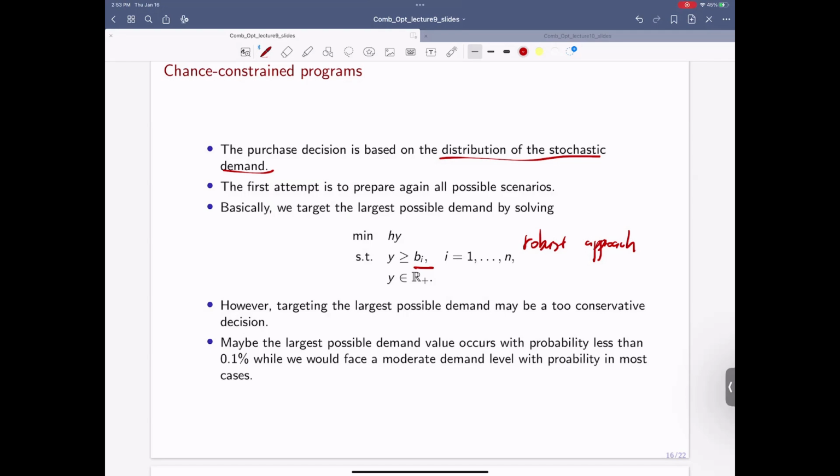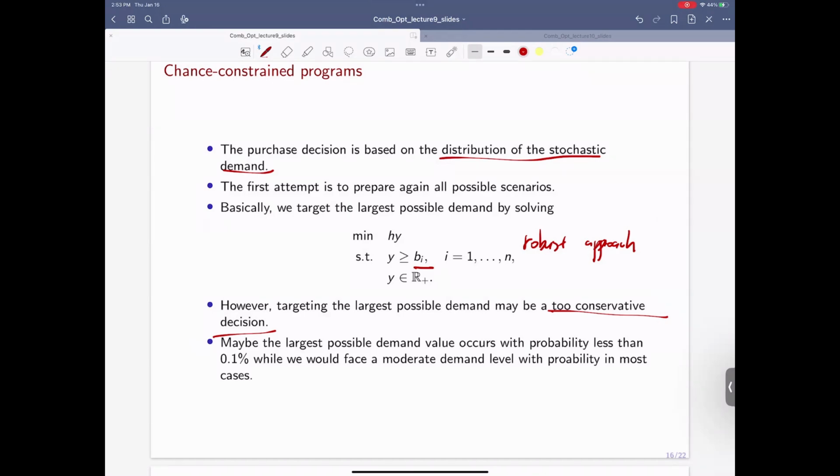But it can be too conservative. We know the distribution of the stochastic demands. Maybe the worst case demand value has like 0.1% of occurrence. It's possible, right? It's just an outlier. Maybe there's some disruption going on, and then we might observe this large amount of demand, but the probability of occurrence is too small.